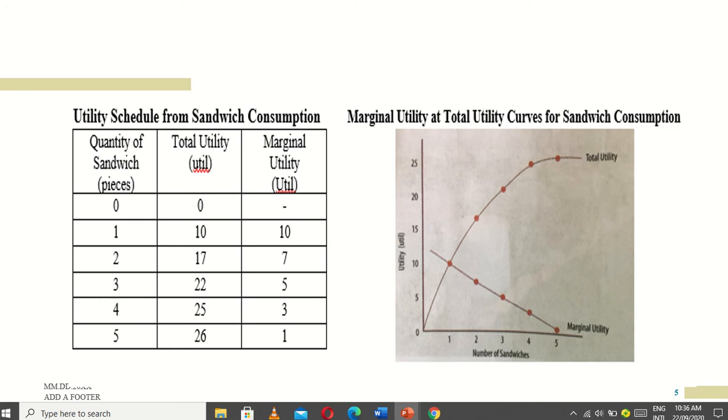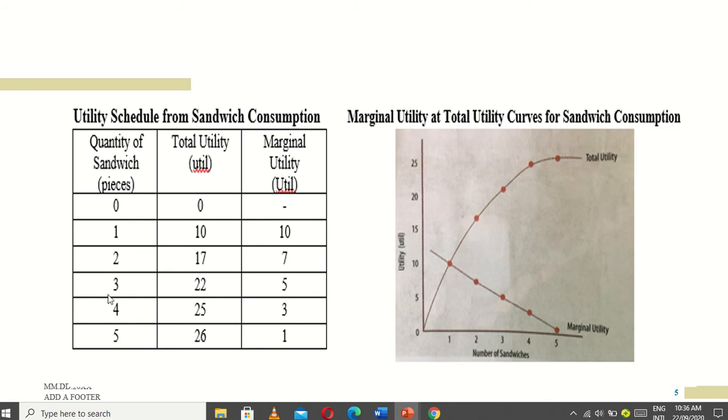But as you consume another sandwich, the marginal utility goes to 7. As you can see, if the number of sandwiches is increasing, the total utility is also increasing. But if we're going to add more, the marginal utility will decrease.